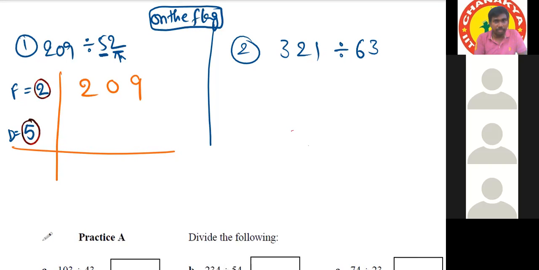Instead of dealing with 52, is it not better to deal with 5? That is not India flag. Okay. Tell me, instead of dividing by 52, is it not better to divide by 5? Yes, sir, it is better.